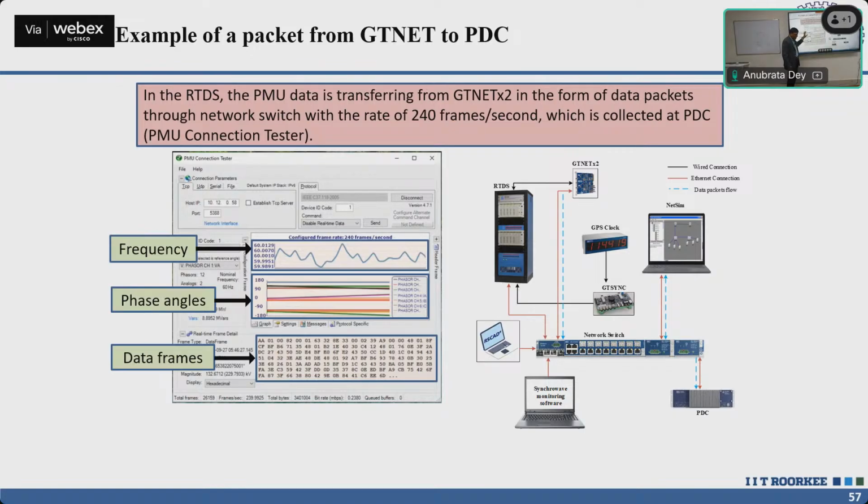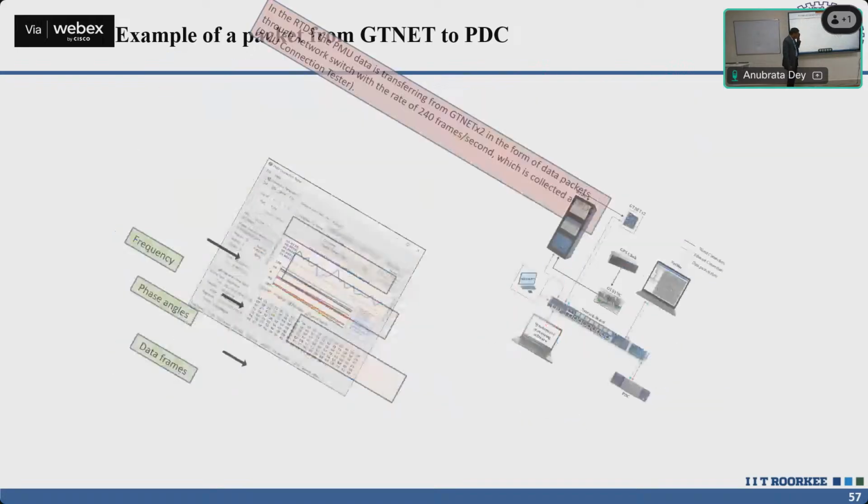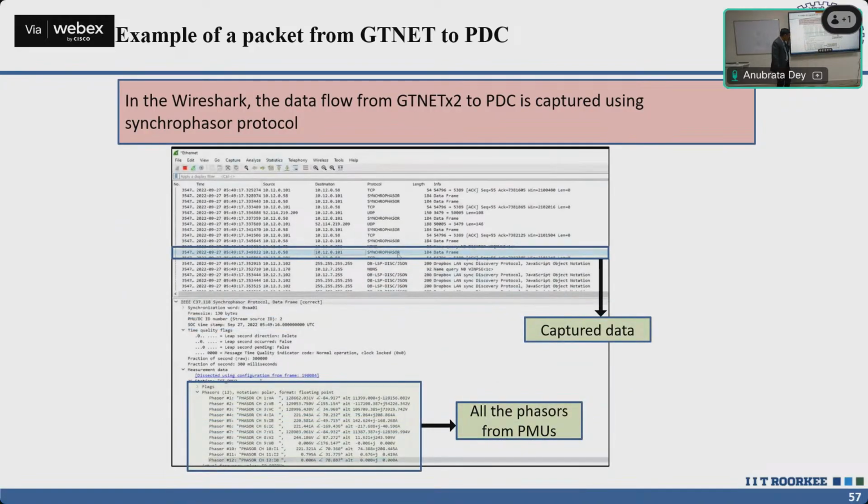So this is just an example of how the data looks when it is sent from one side to another, source to destination. Now, if you look at the captured data in this window, the data looks like this, right? All the phasors.